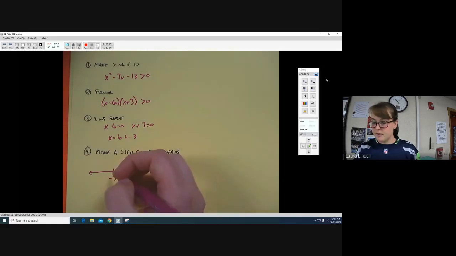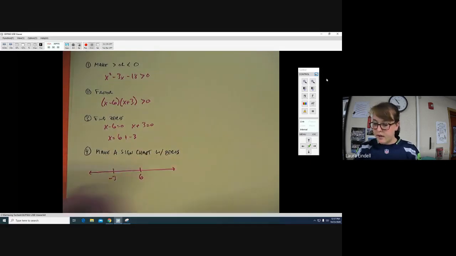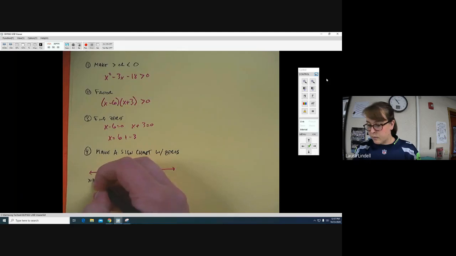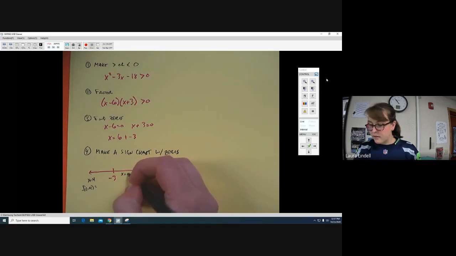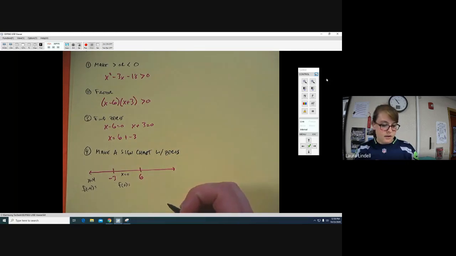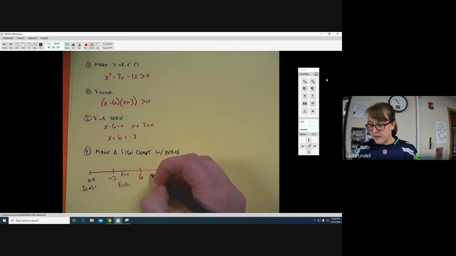For something less than negative 3, I'm just going to pick x equals negative 4, so we'll figure out f of negative 4. In the middle range, x equals 0 resides there, so we'll figure out f of 0. And greater than 6, you can pick any number; I'm going to pick 10, so we'll find f of 10.